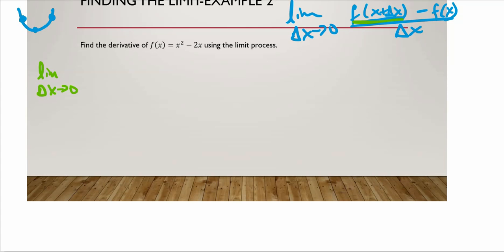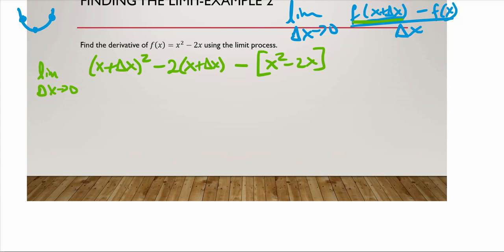And I'm going to have x plus delta x squared minus 2 times x plus delta x. I have to substitute it wherever there's an x. I'm going to insert an x plus delta x, minus, and I include my bracket here, the original function, x squared minus 2x, all over delta x.